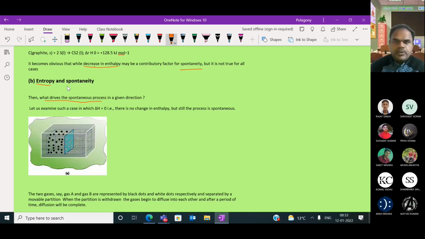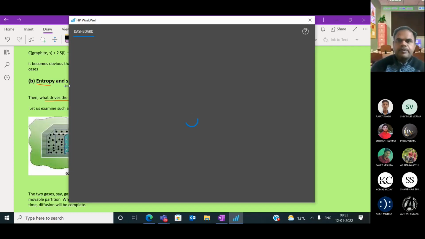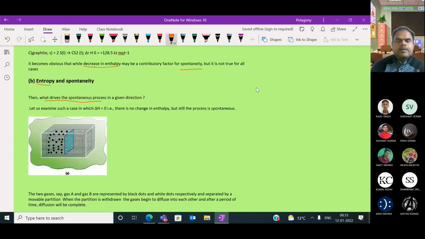Spontaneity is any process or chemical reaction that takes place without external force, without external energy, without consuming any energy. That is what we call spontaneity.